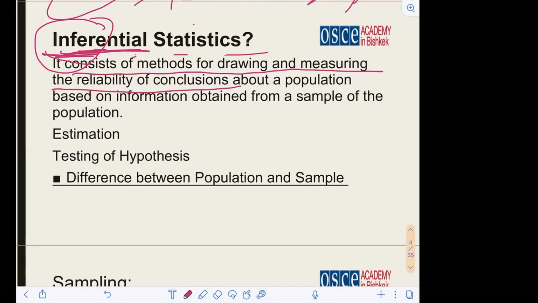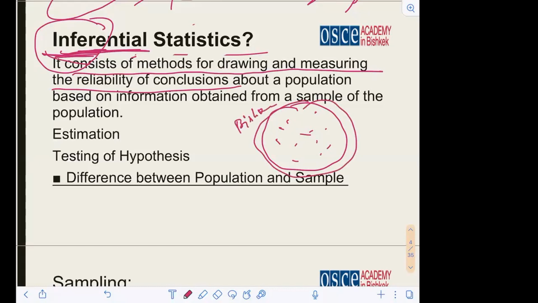Or let's say in the case of data, you have this much big data. For example, this is your big data. Now you cannot collect this whole data, right? Or let's say this is the population of Bishkek.